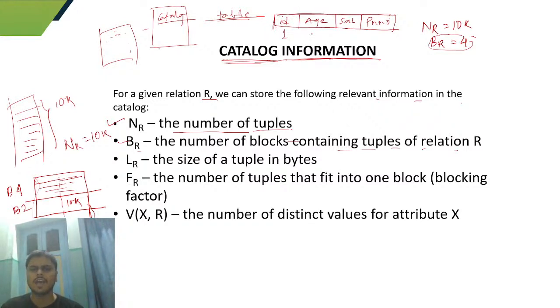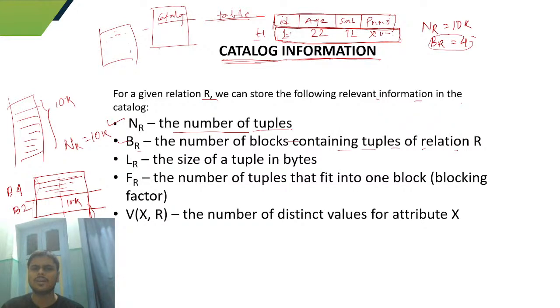In this, the ID is 1, the age is 22, the salary is 1, and the phone number is something like XXX. If we call this entire thing tuple 1, then the entire size of tuple 1 is the LR.